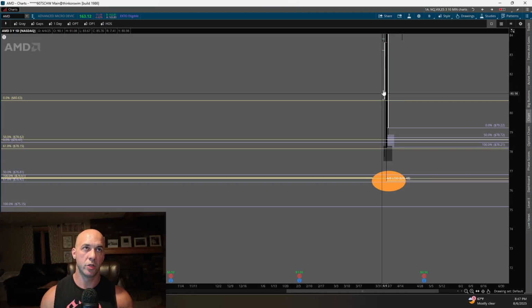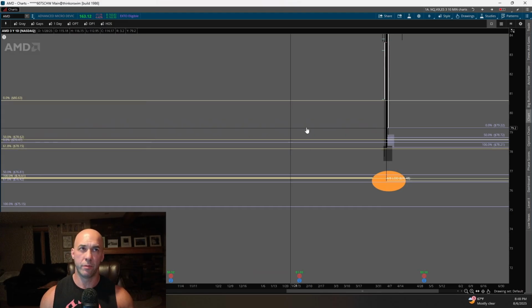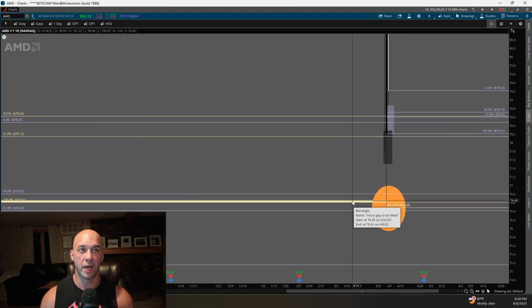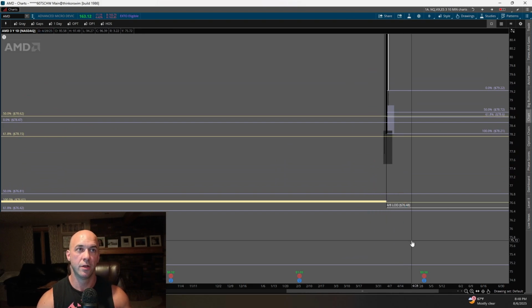Okay, so it pierced through the low of the prior day, closed back up here, also closed in the golden zone of this yellow fib, right? Which, believe it or not, is actually a sign of strength, because the thing it did beforehand was it finally filled this little itty bitty leftover yellow gap right here. Let me delete this little orange circle right there.